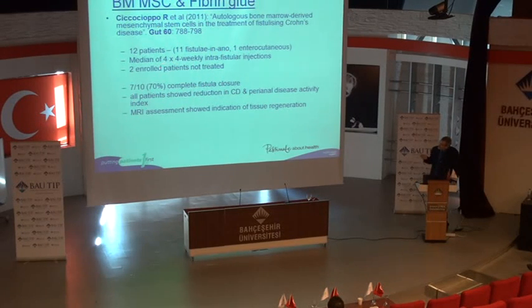Two patients were not treated, and they had repeated injection of pure bone marrow stem cells, and that showed complete fistula closure in 70%. All patients also showed a reduction in the Crohn's disease and perianal disease activity index, and quality of life was improved. The MRI assessment in the study also showed indication of tissue regeneration.